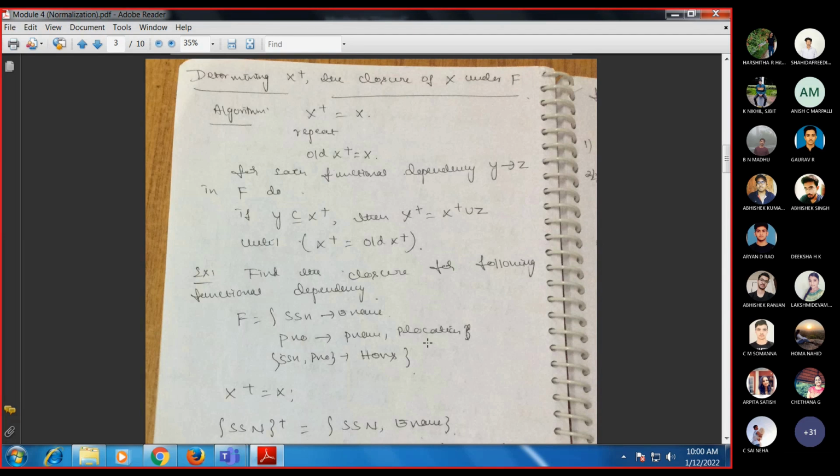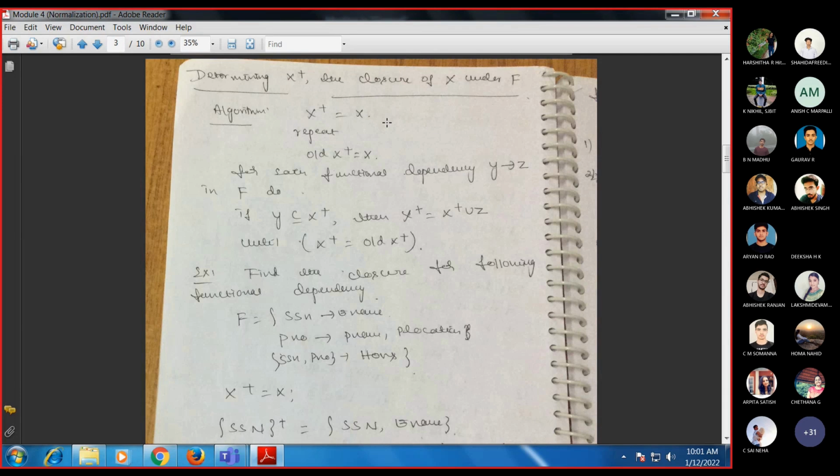Or else they will give some functional dependencies and ask you to find the closure of X under the functional dependencies. The first step in the algorithm: X closure is equal to X. That means whatever we have in the X, you transfer into an X closure, and you need to repeat until old X closure becomes X here.